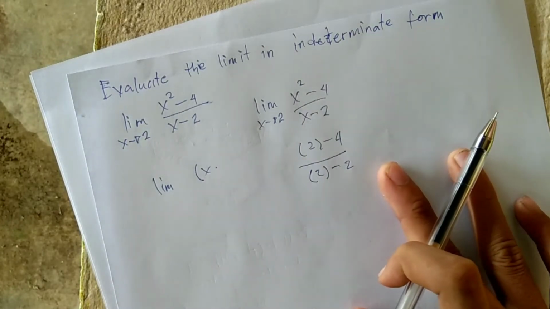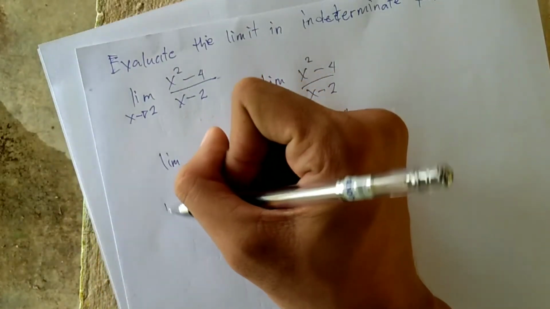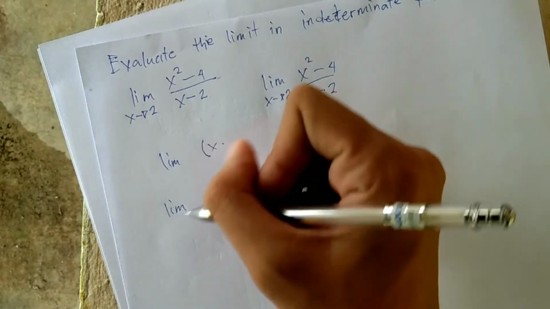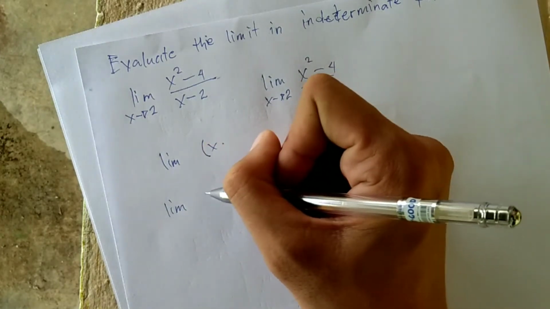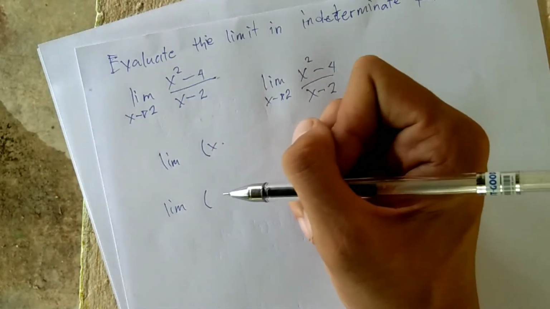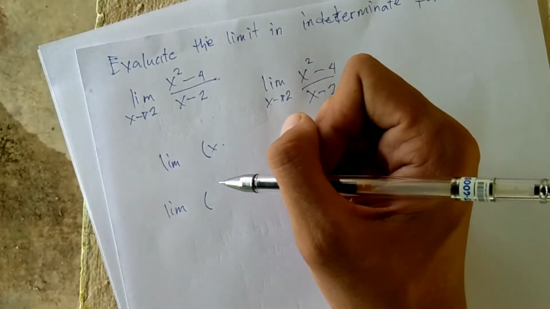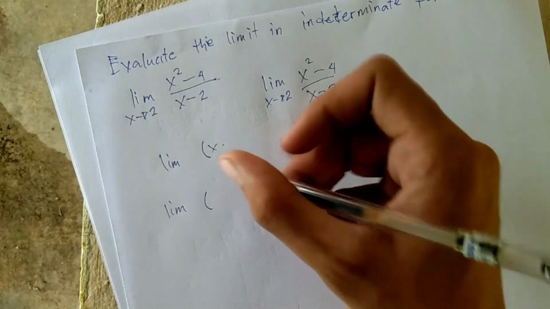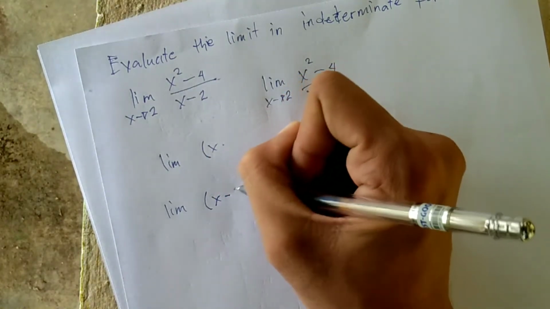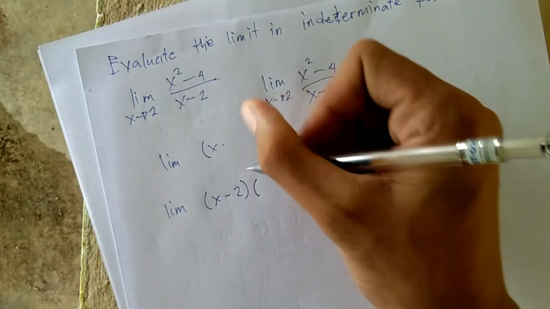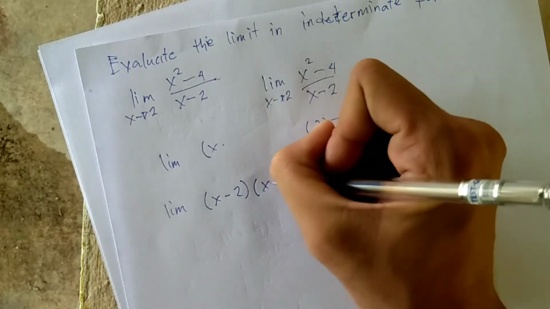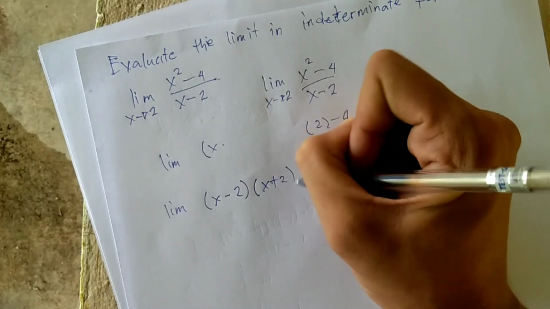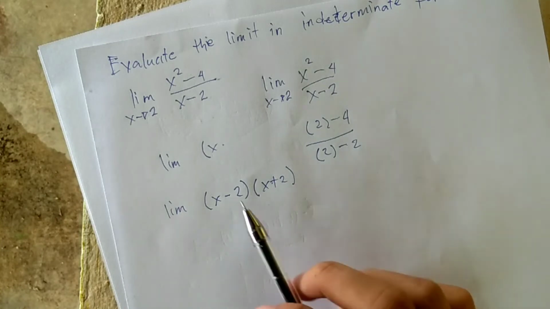So, this is what happens: x minus 2 times x plus 2.